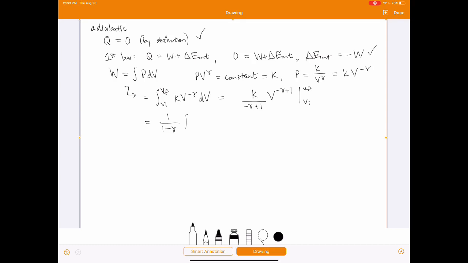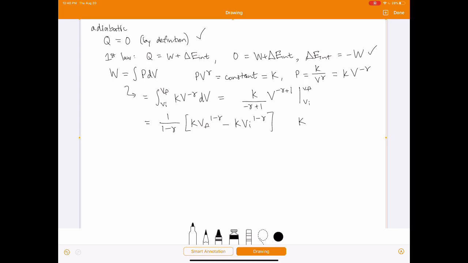And then when I plug in the top limit, I'll have a factor of K, and I'll have V final, because that's the top limit, to the 1 minus gamma. And then I plug in the bottom limit, so subtract K times V initial to the 1 minus gamma. Okay, the next thing I'm going to do is a little bit of a substitution trick.